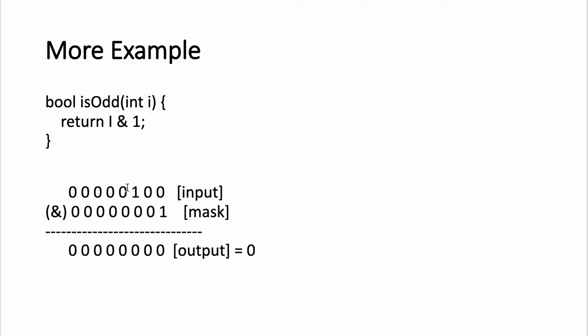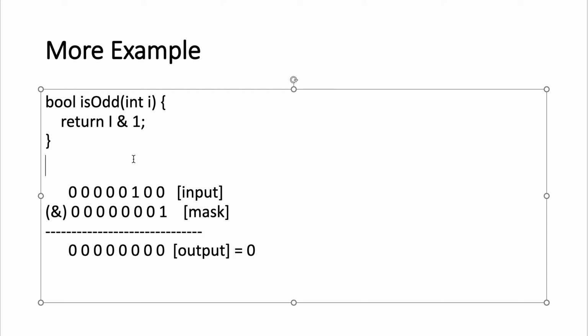Let's say the number 5. 5 means 4 plus 1, right? So 5 should be 101, right? So the least significant bit is 1. And an even number always has the least significant bit 0.